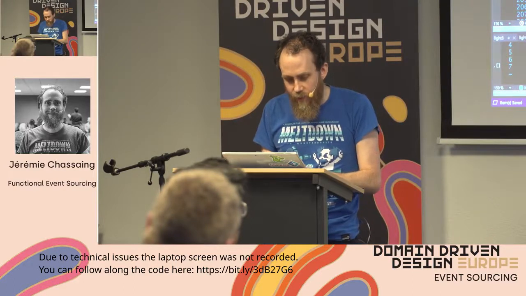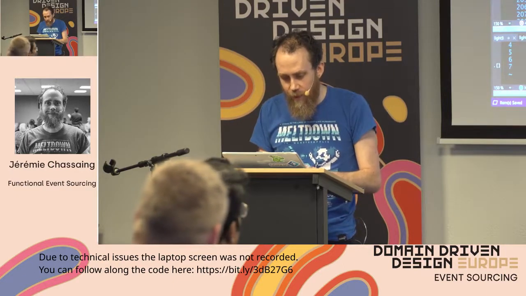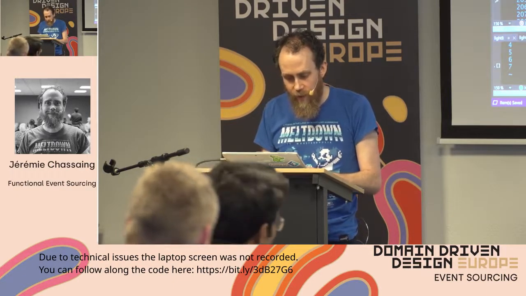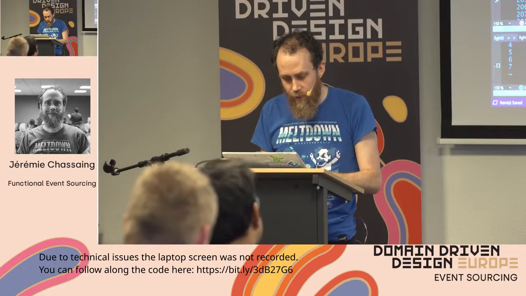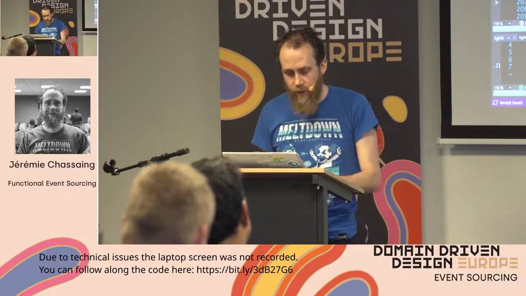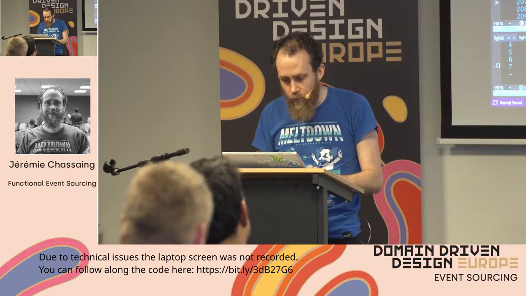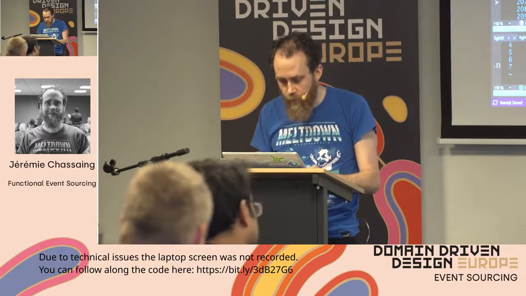So let mutable saved false. It's totally not very functional code, as you can see. While not saved, do. And the only thing I need to add is to load, but not from the start.